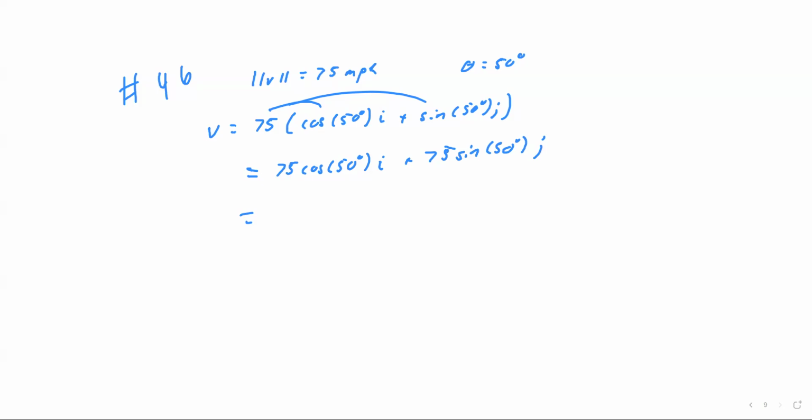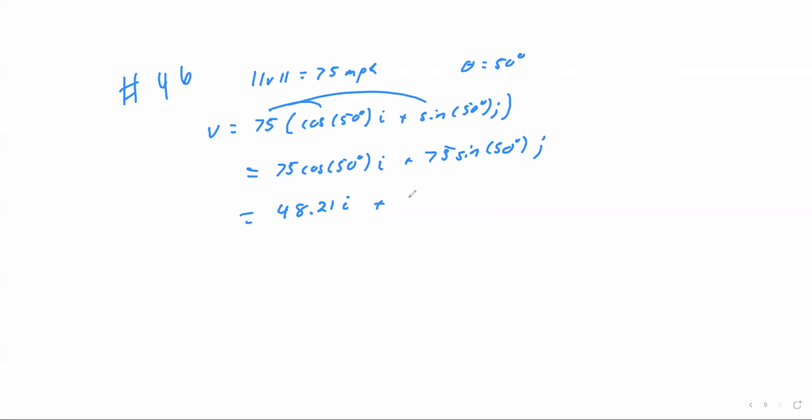So I come over here, that's going to be 75 times cosine 50. Again, make sure your calculator's in degrees. And you come out to about 48.21 i plus 75 times sine of 50.